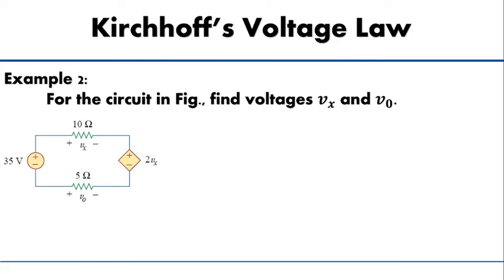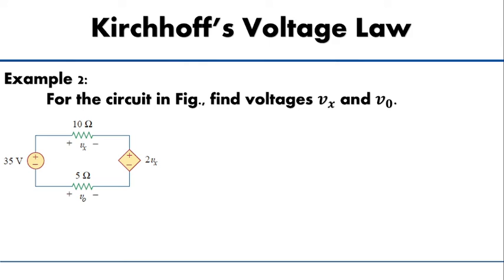Example number 2. For the circuit in figure, find voltages Vx and V0. Here, this 2Vx is the dependent voltage source, which depends on Vx, the voltage across the 10 ohm resistor.